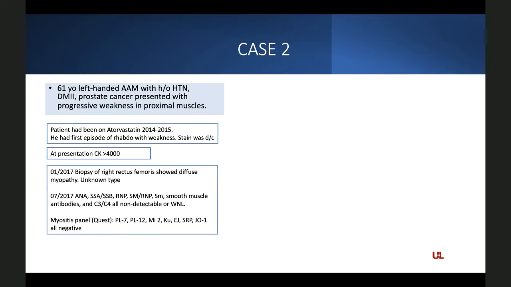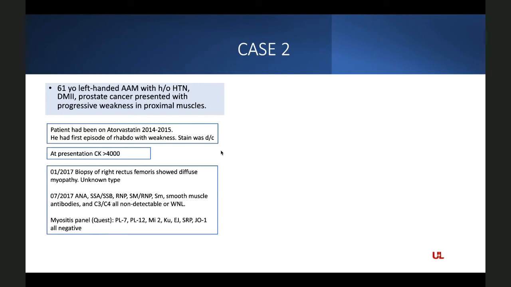He did get the biopsy, which again showed a diffuse myopathy, but we don't know exactly what type of myopathy the patient has. And that's the case with most of the histology samples. Then in 2017, we sent the myositis antibody panel, and everything came back negative.